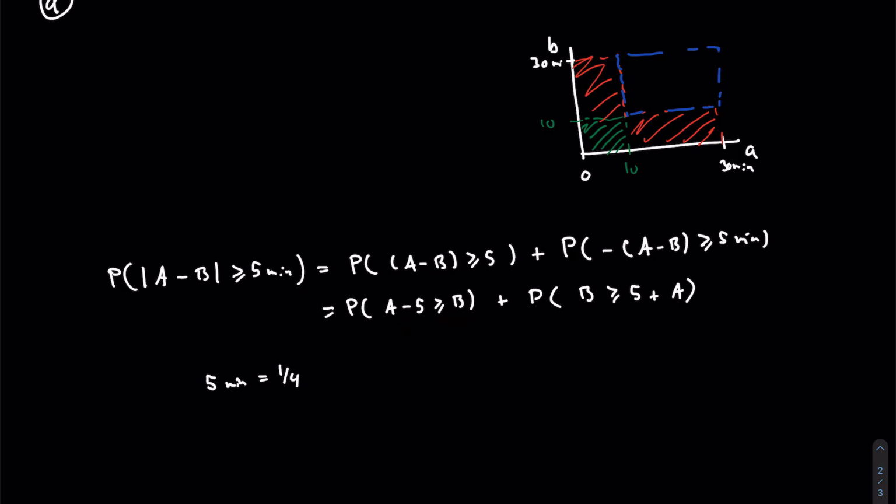So here we see that if we put B to 10 minutes, which is actually the new 0, then A will be 15 minutes, right? So 10 plus 5.